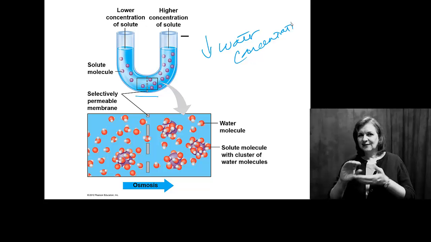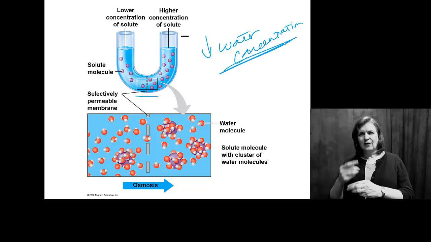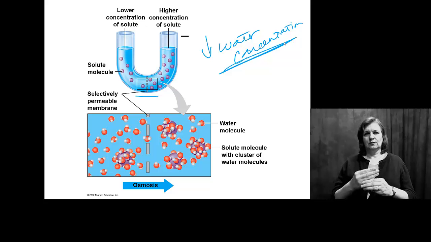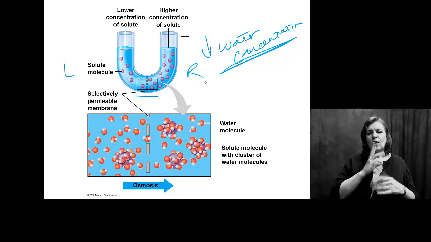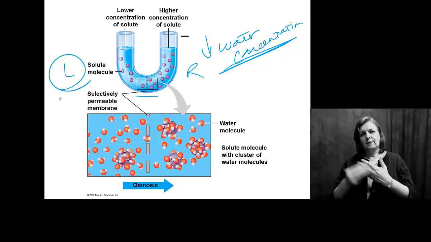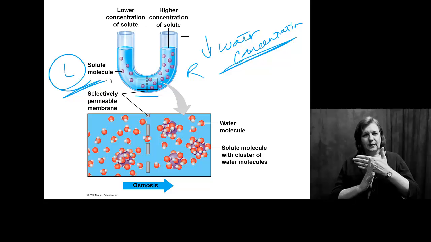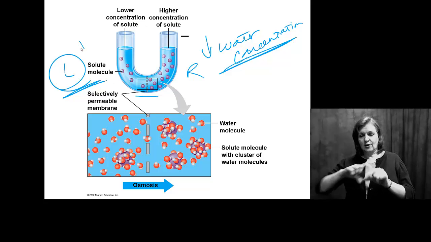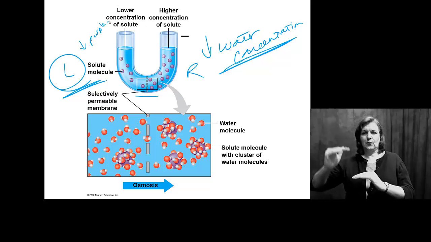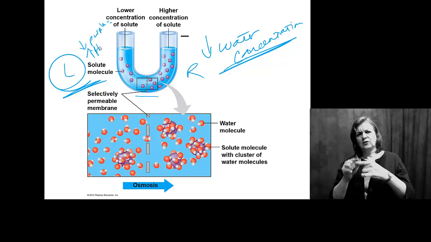So where is water greater? Where are there more water molecules, on the left or on the right? There's more water on the left. Why? Because there are fewer purple solutes. So less purple equals more water in this case.